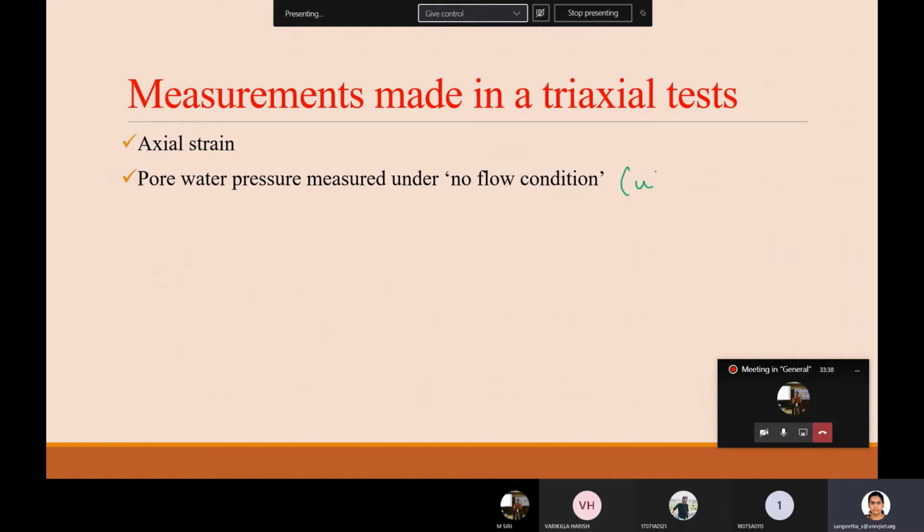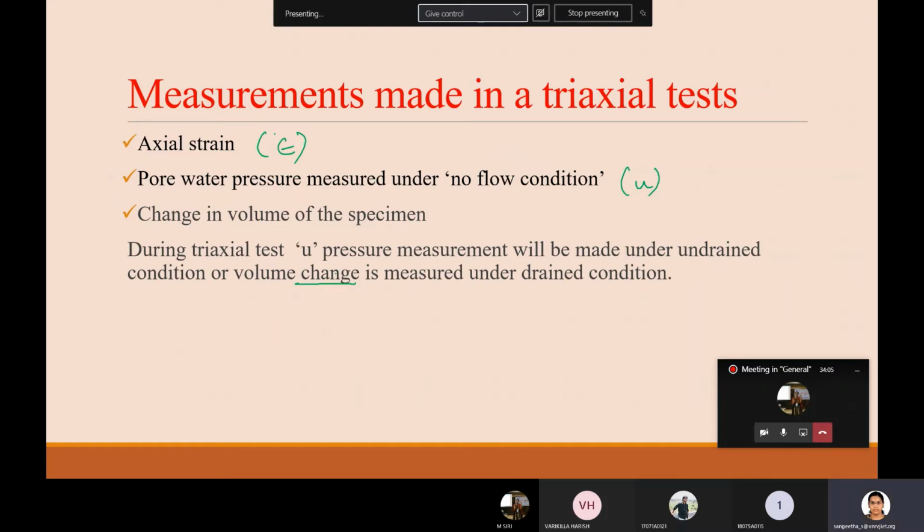So pore water pressure u and axial strain epsilon you have to measure, and the change in volume of the sample. So once the soil is confined in the lateral direction, whatever deformation is happening is only because of compression of the soil sample. So once we know how much the compression is, we can predict how much the volume has changed. Okay.